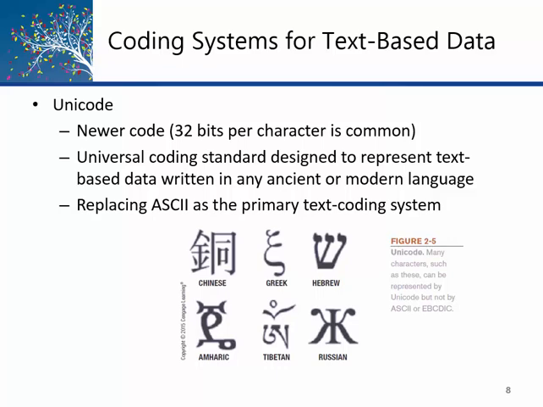So Unicode represents that. It is newer, it is larger, so a capital A is part of the Unicode, but it's not 8 bits long, it's 32 bits long. But having those extra bits gives us the ability to have extra symbols and extra letters. So every letter of every language that's ever been spoken in the history of humanity and ever will be spoken in the future, there's enough space there for us to represent those using Unicode.